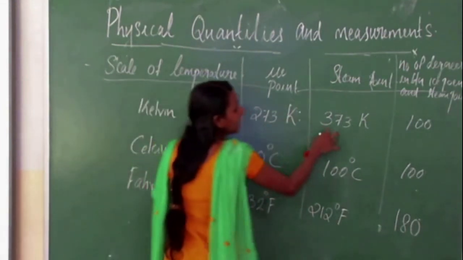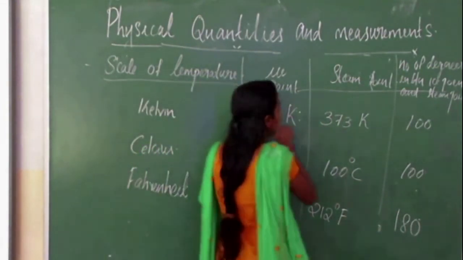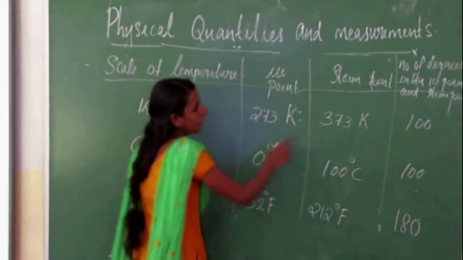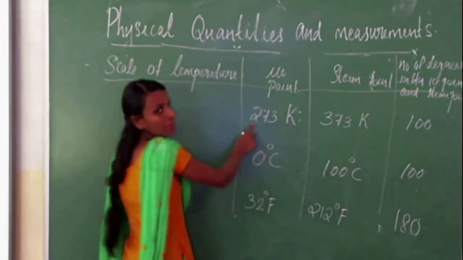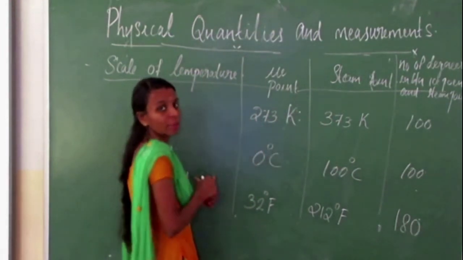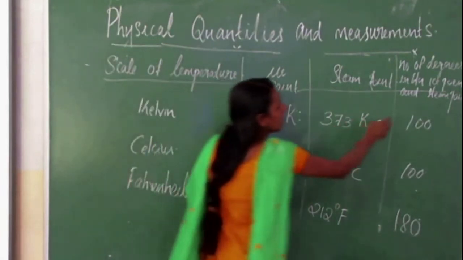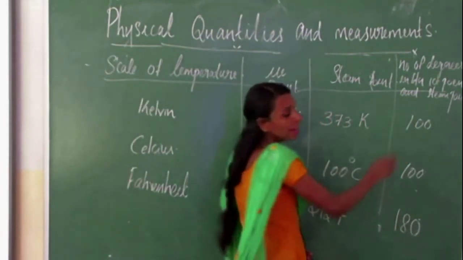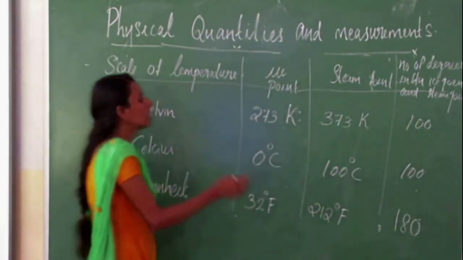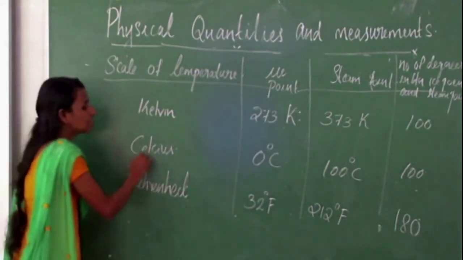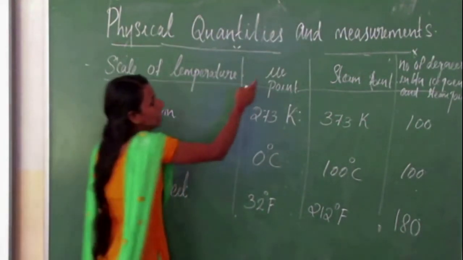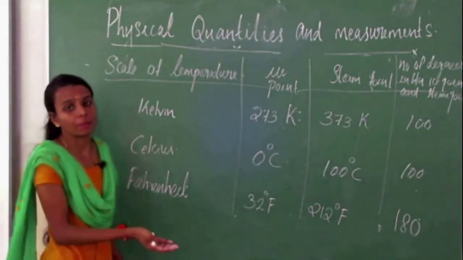There are 100 divisions in between this ice point and steam point. 373 minus 273. We know how many divisions are there in between? 100 divisions. Then if we are using the Celsius scale, what is the boiling point of water?